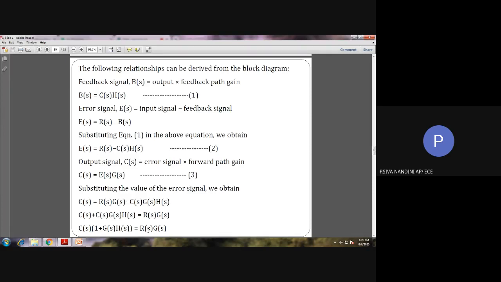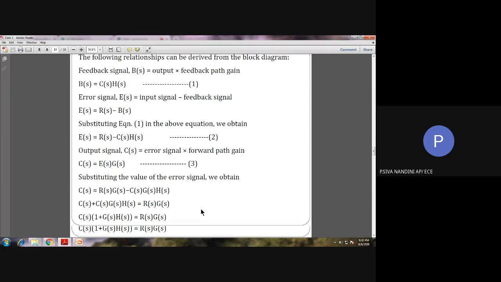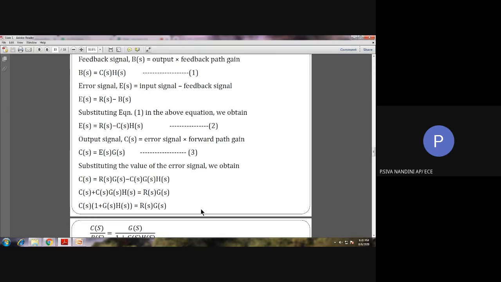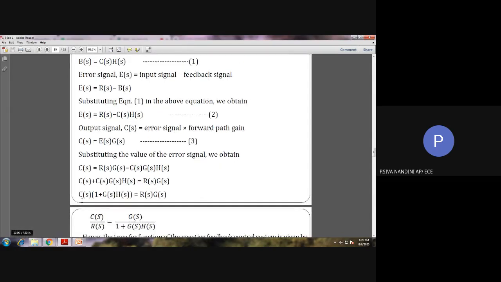After that, to obtain the transfer function, we need to divide the output by input. So C of S by R of S can be written as G of S on this side, and we bring 1 plus G of S H of S to the denominator on the right hand side. Thus we have obtained the transfer function of a negative feedback system.